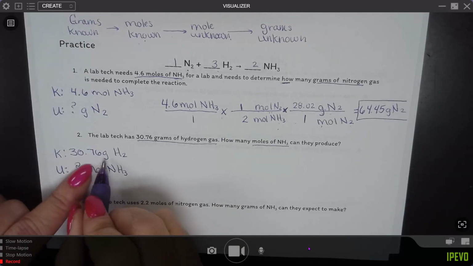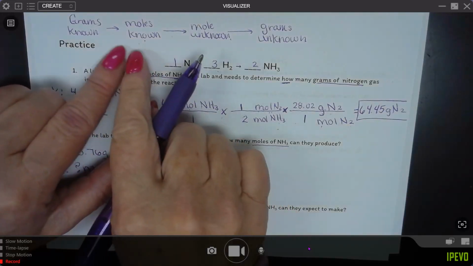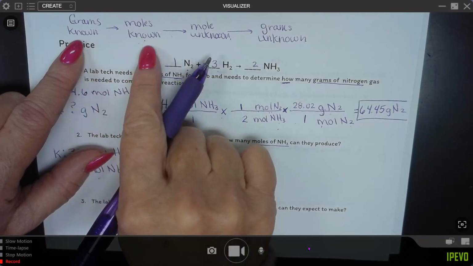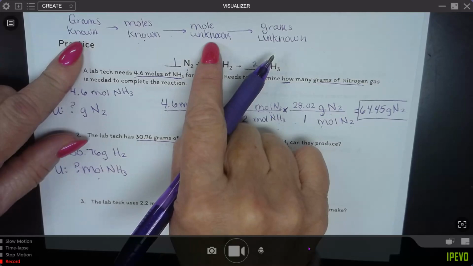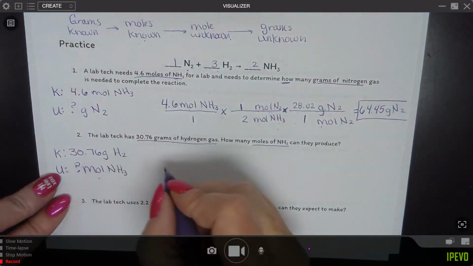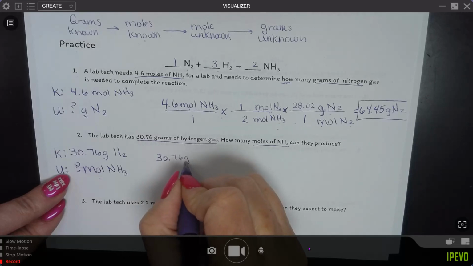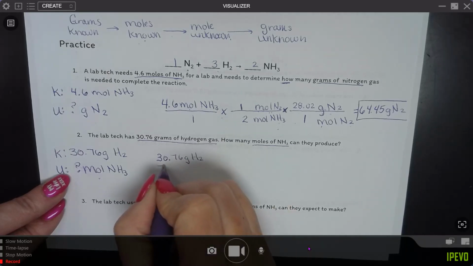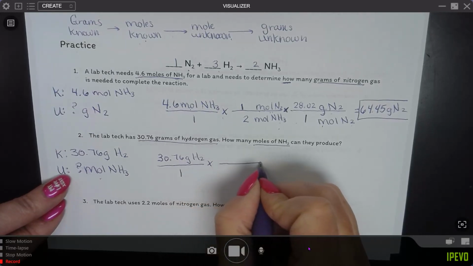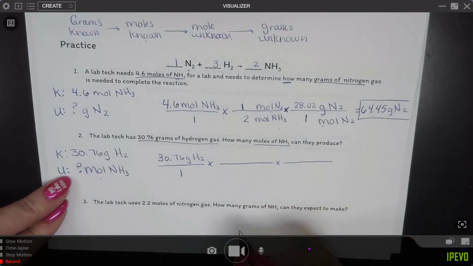Okay, now look, I'm starting with grams and I'm ending with moles. Okay, so if I look up here at my mole map, I'm starting with grams. Okay, I'm going to go to moles of known, and then I'm ending at moles of unknown. So I don't need that last step. Okay, so let's set this up. 30.76 grams of H2. That is always going to be over 1. And again, I have 2 steps that I need to put in here.